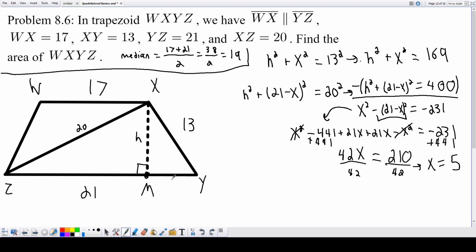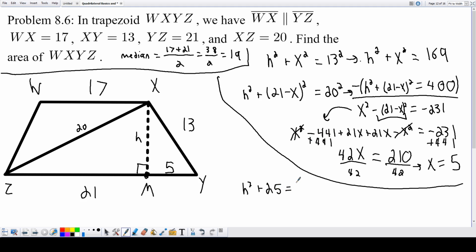So now I know that this distance is 5. So now it's a relatively easy thing to solve for h. We have that h squared plus 5 squared, 25, is equal to 169.